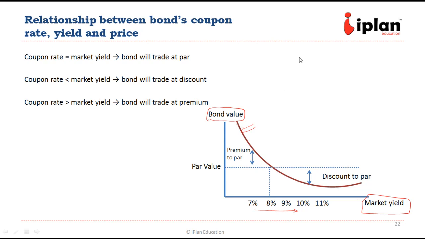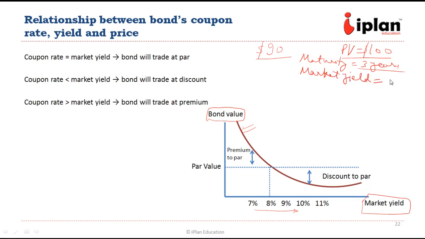Let us first take an example of a zero coupon bond. Suppose there is a bond which is priced at $90, par value is $100, time to maturity is say 3 years. Suppose the market yield is say 3.2%.